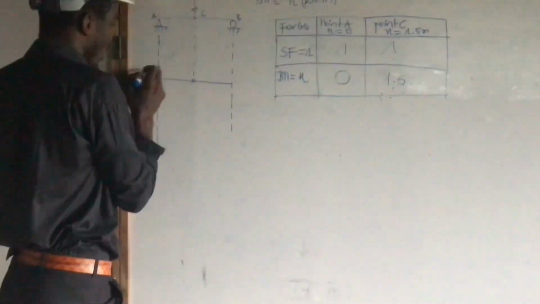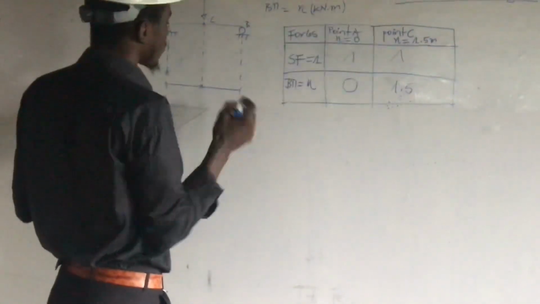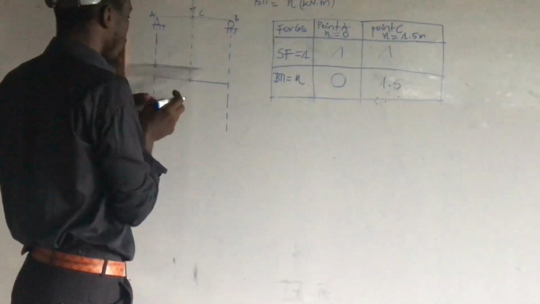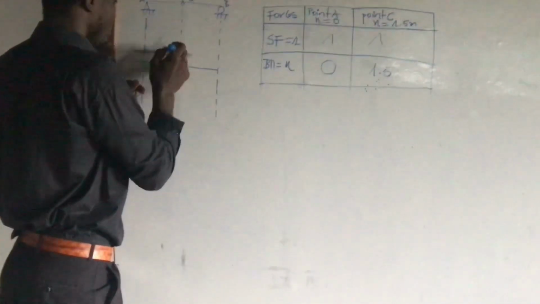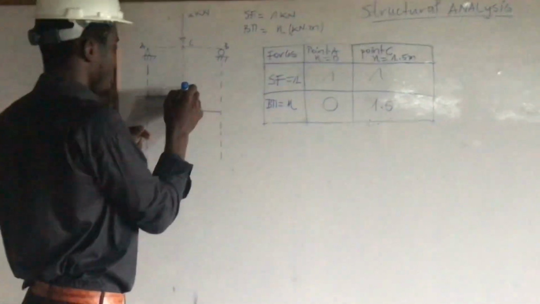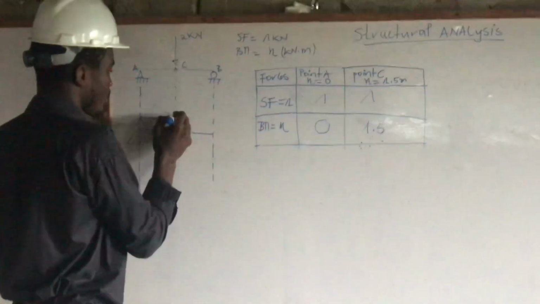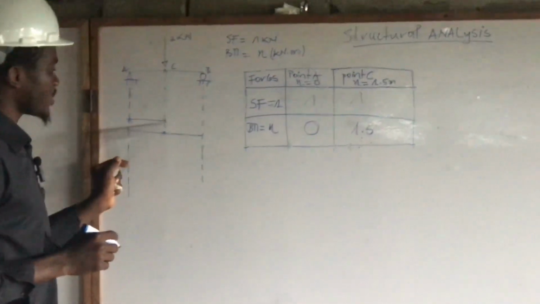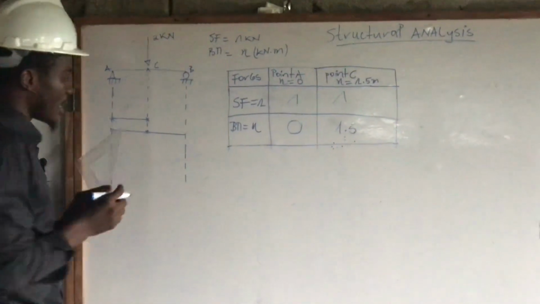At x equal to 1.5, which is the middle of our structure, we are still at 1. Let's draw a line to join the 2 points. So at x equal to 0, we are at 1, and at x equal to 1.5, we are still at 1.